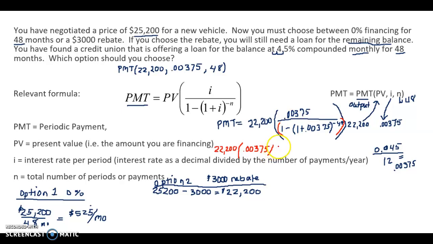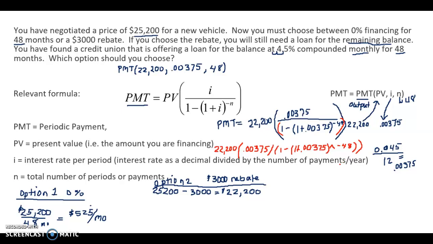Now I'm typing this red parenthesis, 1 minus, typing this blue parenthesis, 1 plus 0.00375, ending this parenthesis, caret key for the exponent, negative, not subtraction, but negative 48, typing this red parenthesis which ends the denominator, typing this big blue parenthesis which ends the problem.